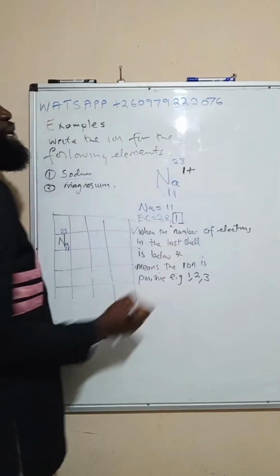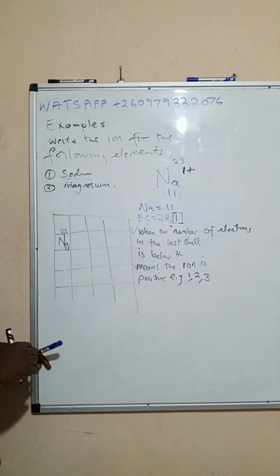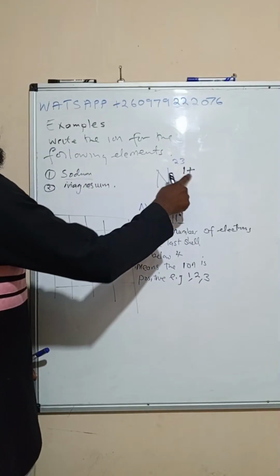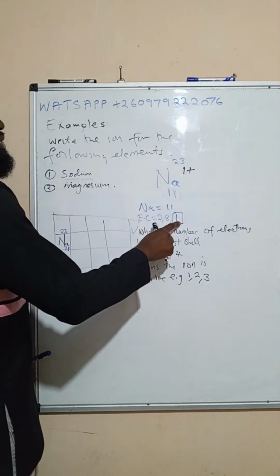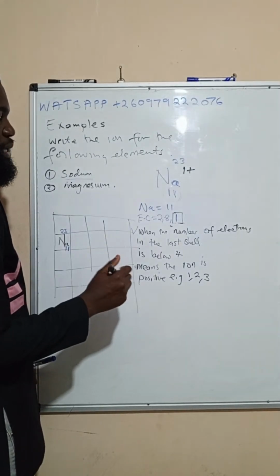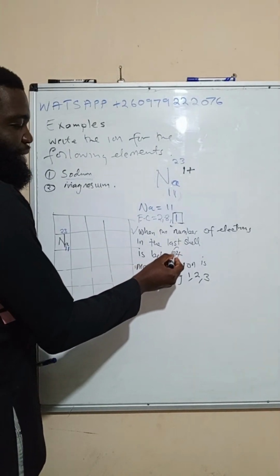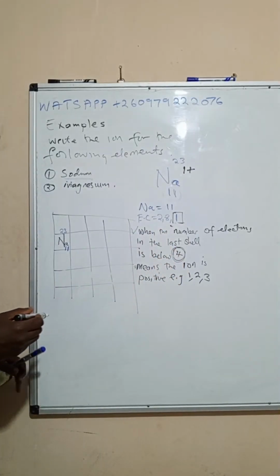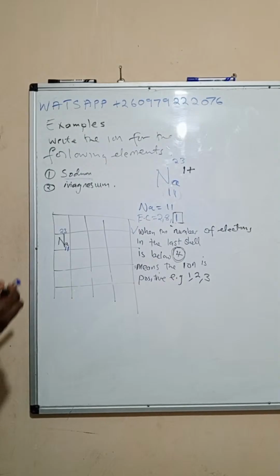It will be like this, +1. If this number is 2, then here you put 2 plus. If this number is 3, you put 3 plus. This rule only works when the last number is below 4. Okay? That's how you do it.